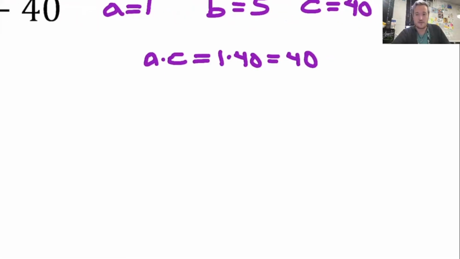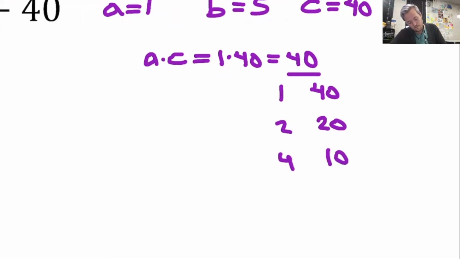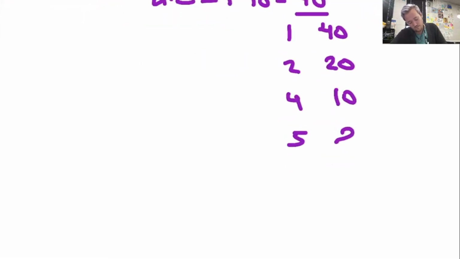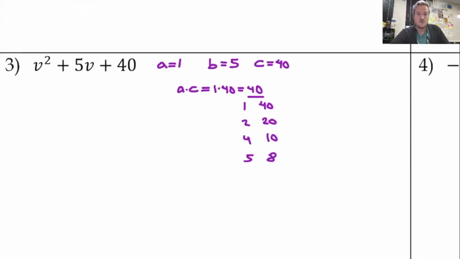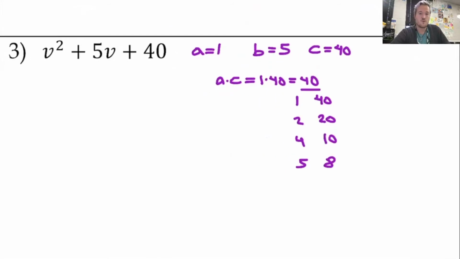So we want to find all the factors of 40. So we're going to have 1 and 40, 2 and 20, 4 and 10, and then 5 and 8. All right, so we are looking for values that add up to 5.